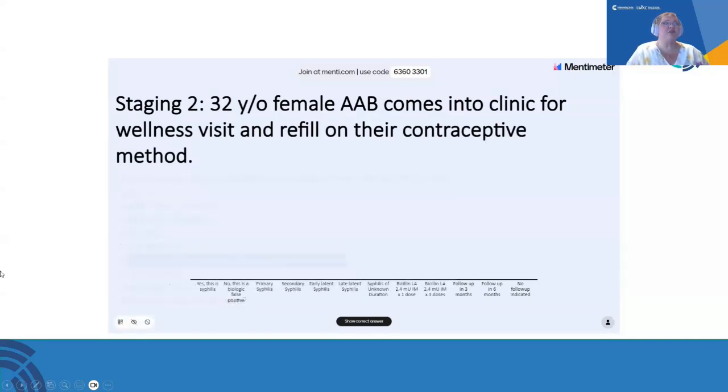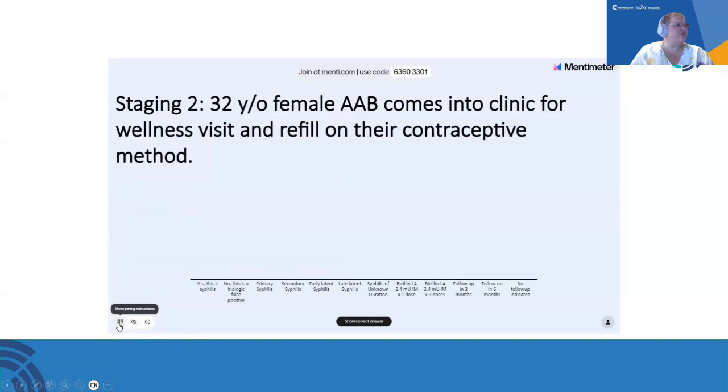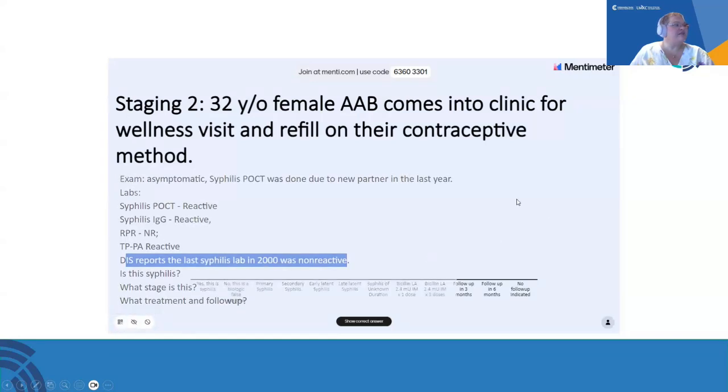Correct. So in that case, is it early or is it late? It's late. That's correct. So the answer to this would be yes, it's syphilis.